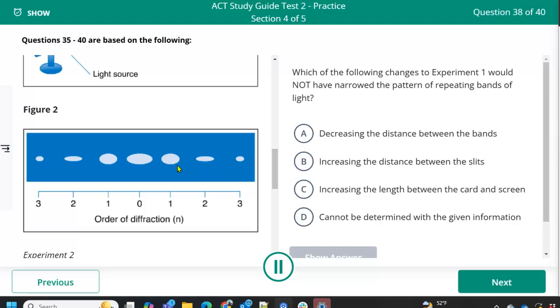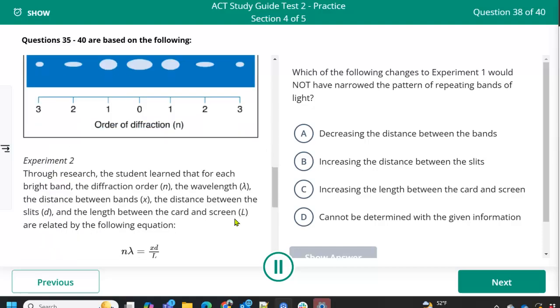Narrowed the pattern. Okay. Yeah, so n represents the width of the pattern. If we could decrease n, we would decrease the width. We would narrow the pattern of repeating bands.